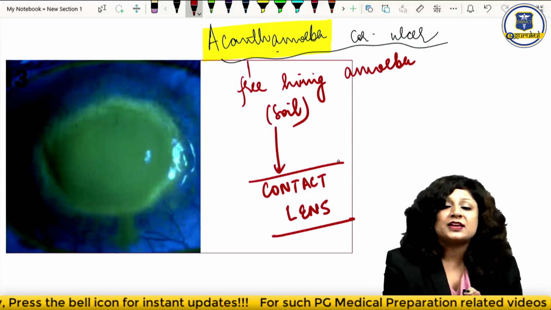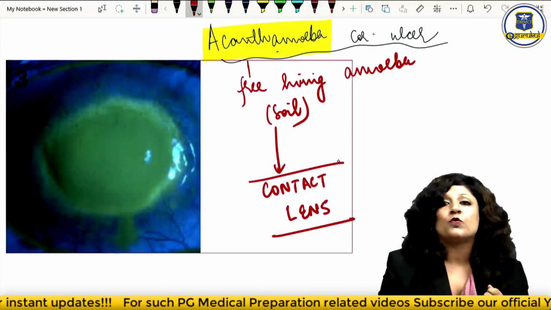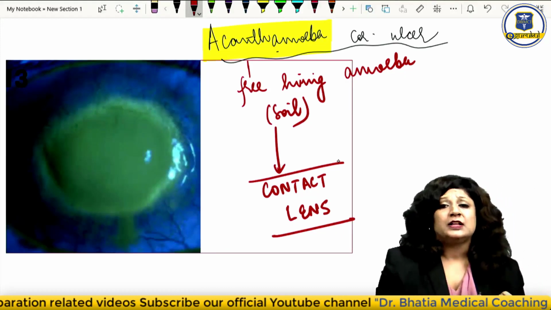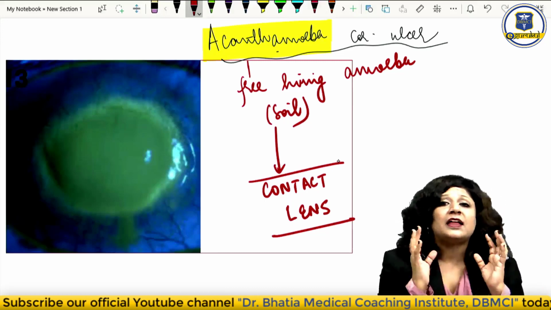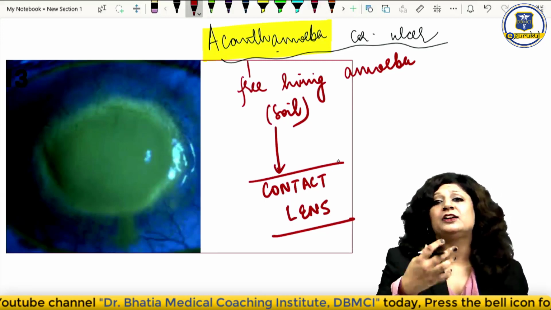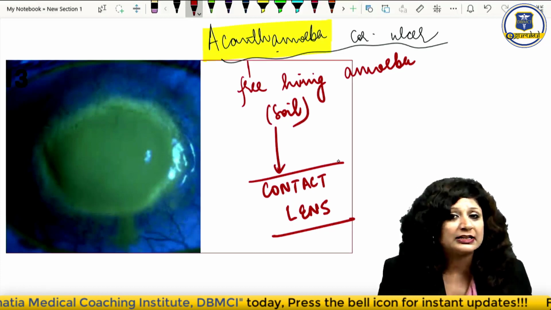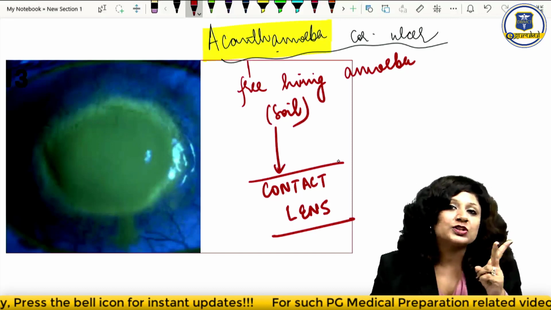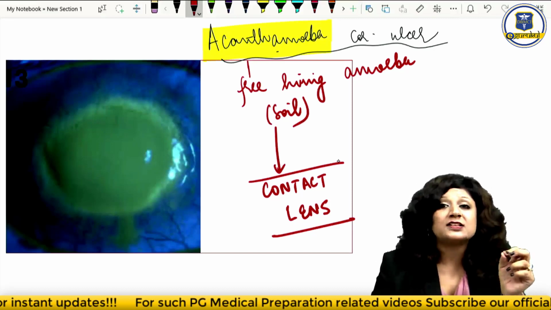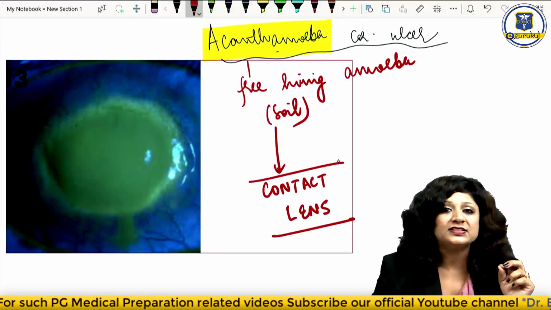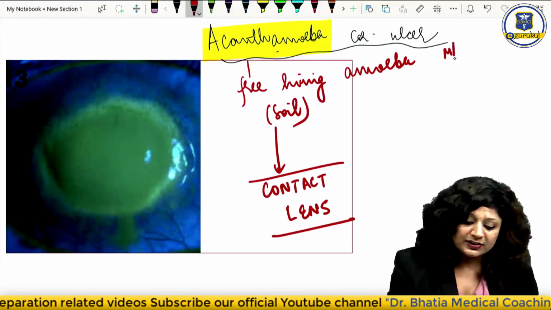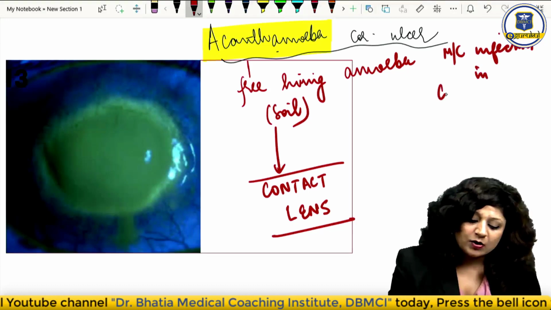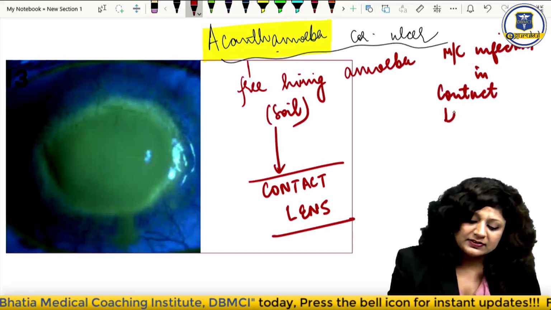Whenever you are using contaminated solution to wash the contact lenses, or we are using tap water, soiled water, or expired solutions, then every time we are heading towards the risk of Acanthamoeba corneal ulcer, the free living amoeba present in soil. Now one very important confusion which remains is, what is the most common infection in the contact lens users?